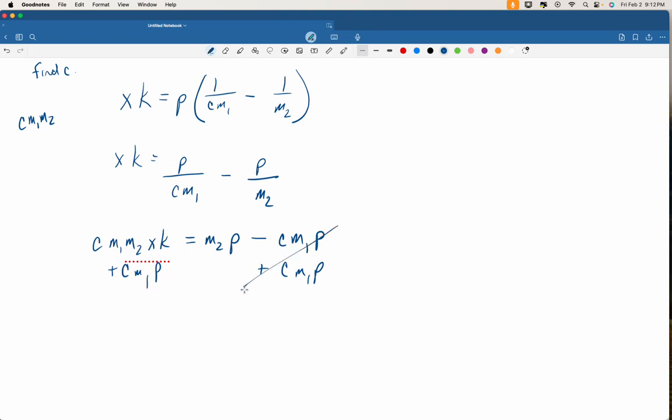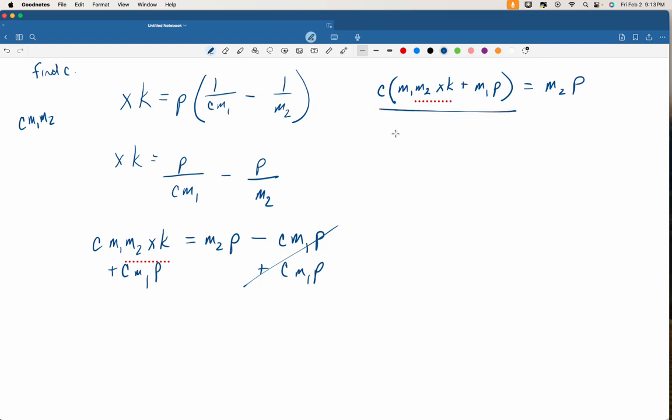Okay, so this cancels. So now we have, I'm going to factor out c. That's going to be c times m1m2xk plus m1p is equal to m2p.